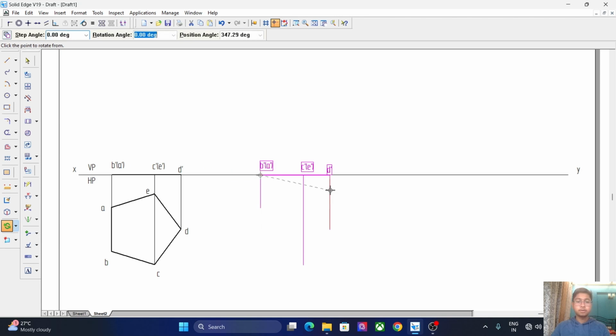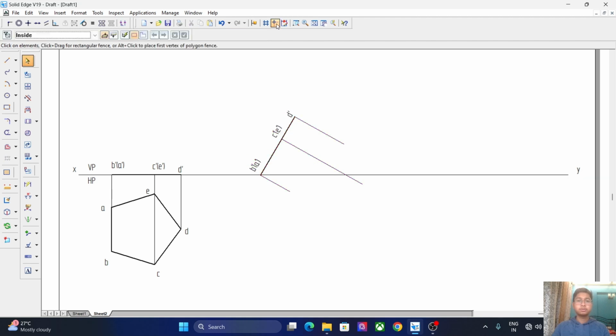We will rotate this lamina to 60 degree. Rotation angle we will give as 60. And now by using this perpendicular toolbar, we will make this line perpendicular to the XY line.